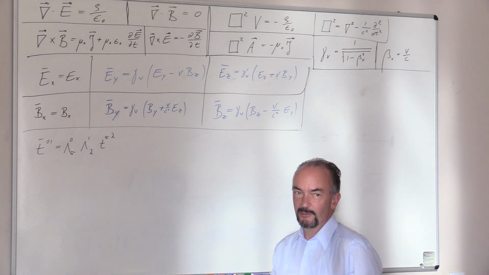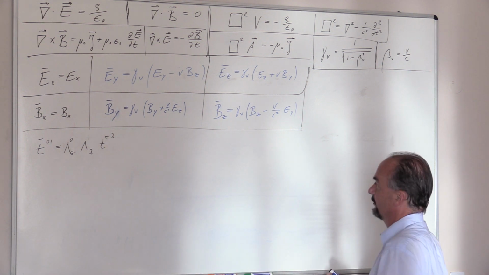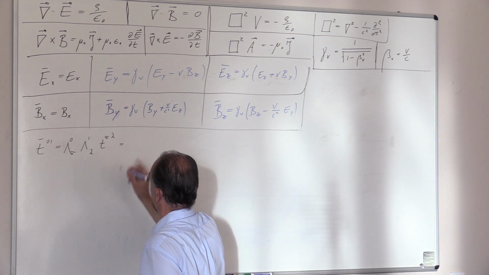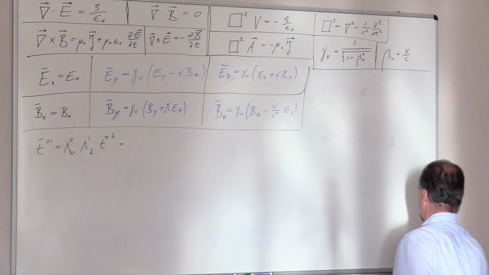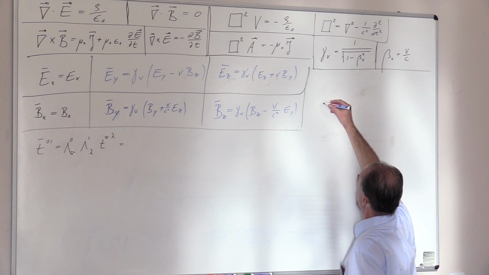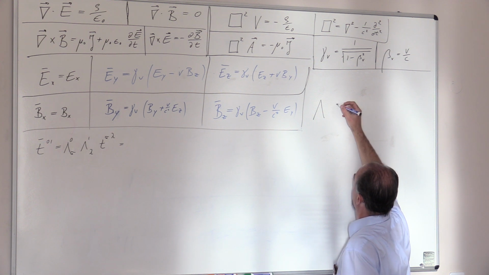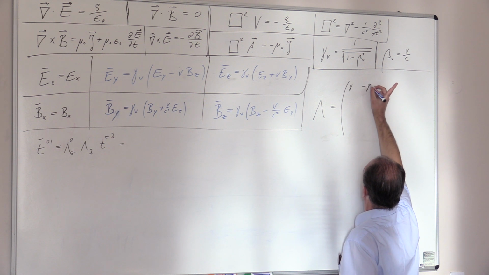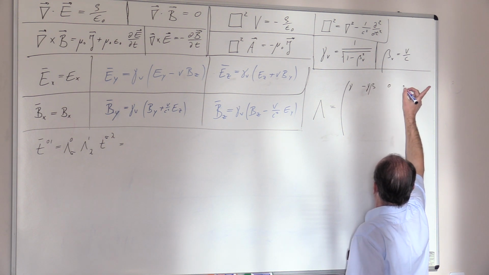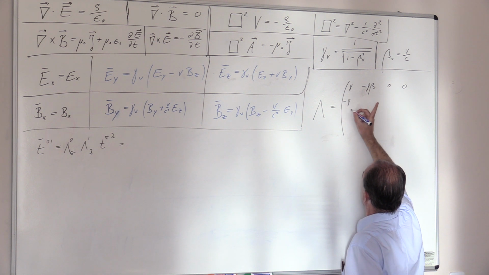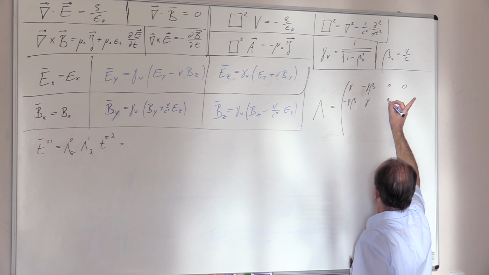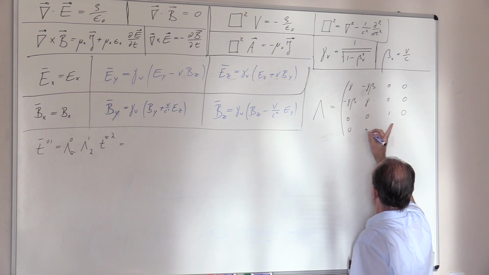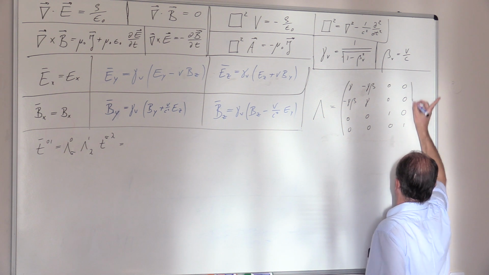Doesn't matter what I call the indices, but this way it looks exactly the same. I have erased the Λ here, so Λ is again γ, minus γβ, 0, 0, minus γβ, γ, 0, 0, right?